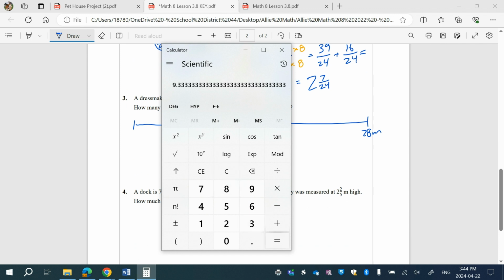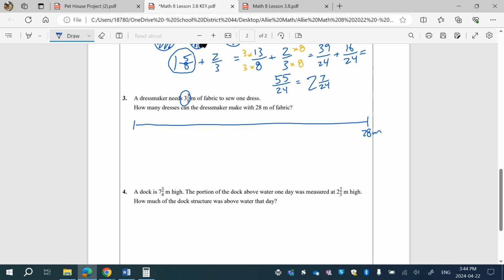So roughly 9, and probably a little less than 9 because I just rounded down to 3. So around 9, less than. Okay. So you would cut it up, however many times, but you would expect about 1, 2, 3, 4, 5, 6, 7, 8, 9, ish, right out of there.